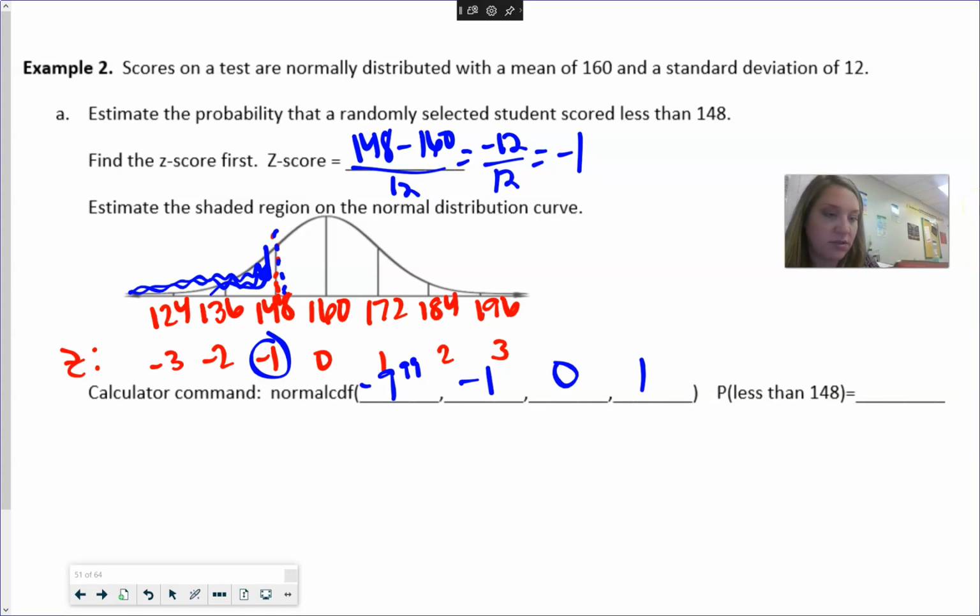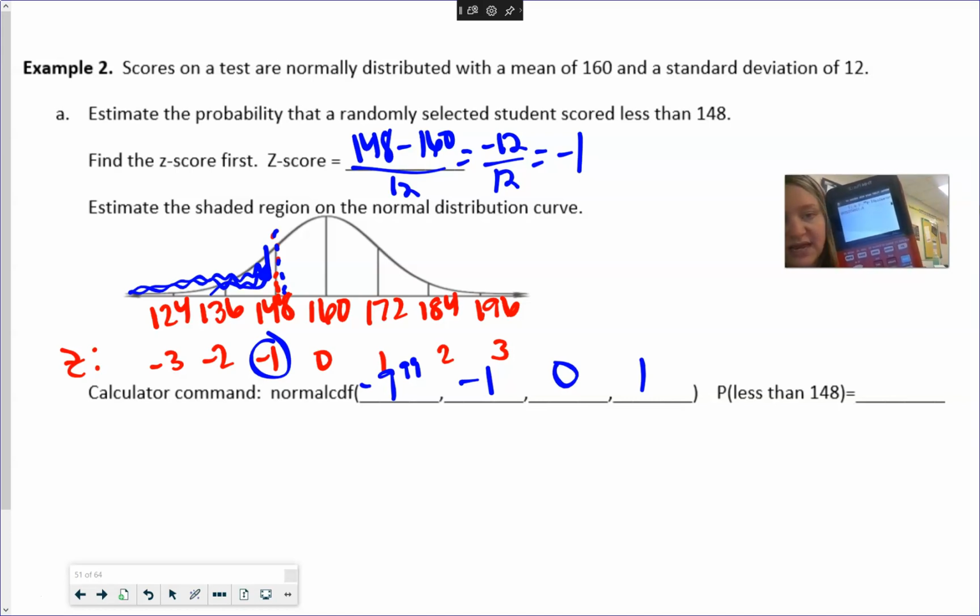All right, here we go. Second vars, normal CDF. Lower was my infinity, so -9 to the 99. Highest z-score is -1. Keep my 0 and my 1 in place, push enter. Everyone's screen should look like this now.